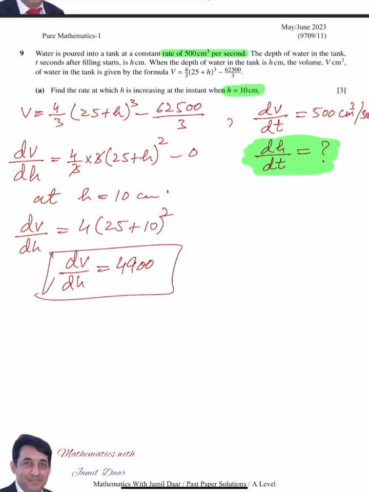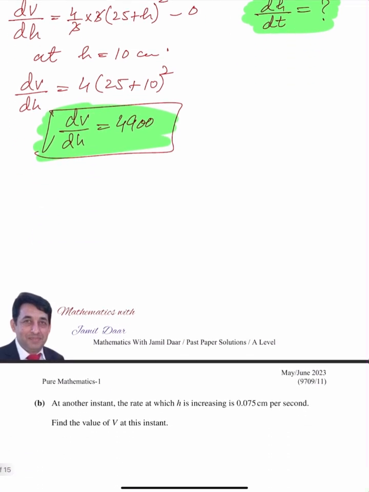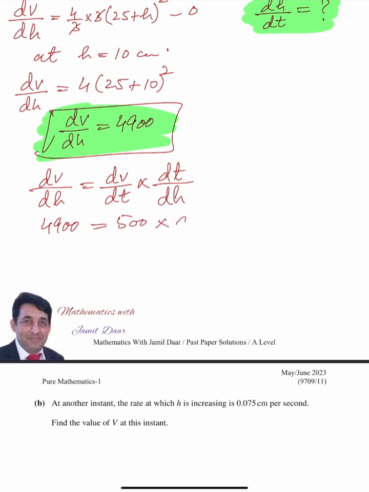So you've got this, you are given this one, and you need to find this one. I've highlighted these three. So by the chain rule, dV over dh is 4900, which is equal to dV over dt, 500, into dt over dh.